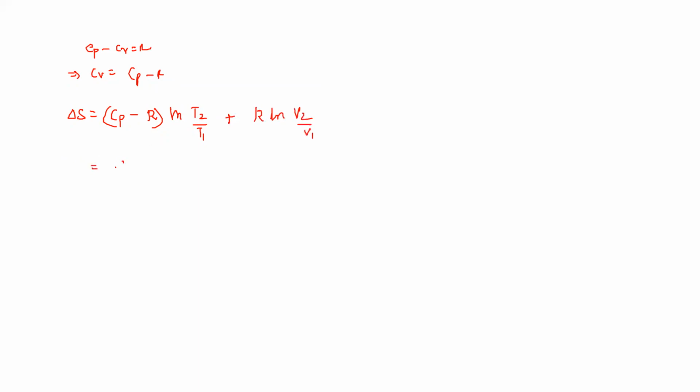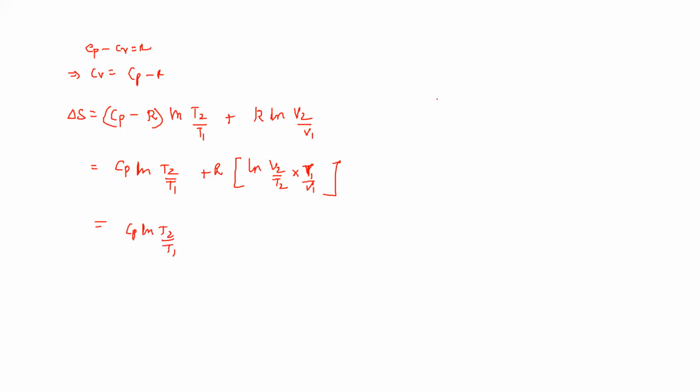Correct? So this can be written as Cp ln T2 by T1 plus R ln of V2 by T2 into T1 by V1. Correct? Then Cp ln T2 by T1.